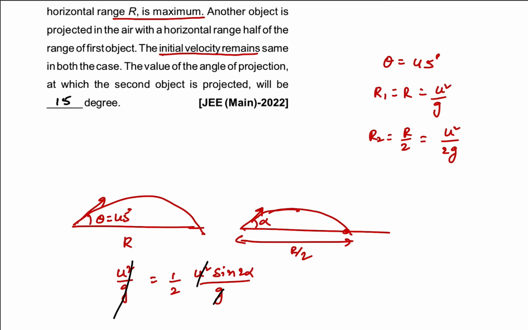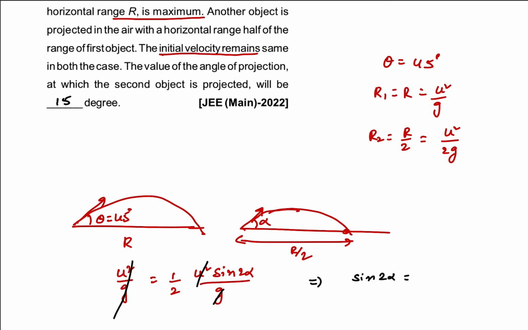Substitute there, u square by g gets cancelled. Then you can write sine 2 alpha is equal to 1 by 2.